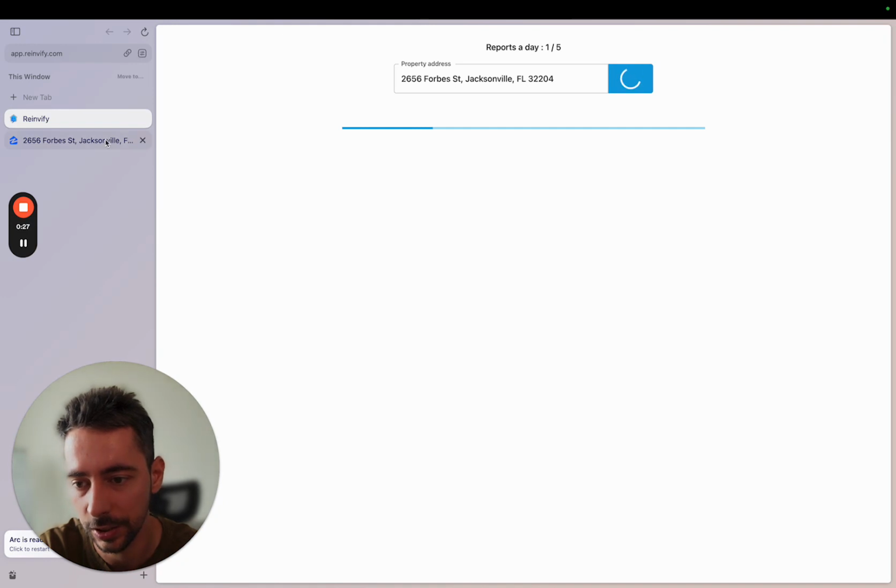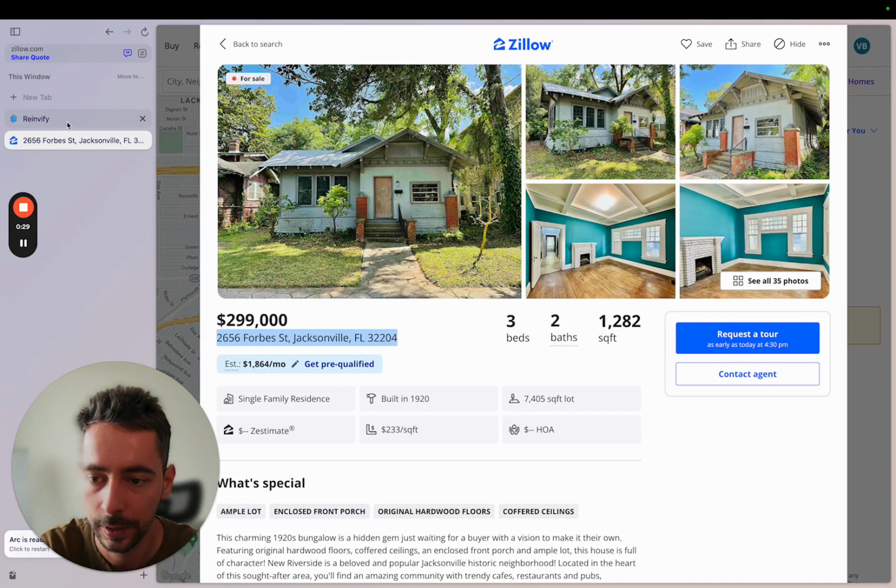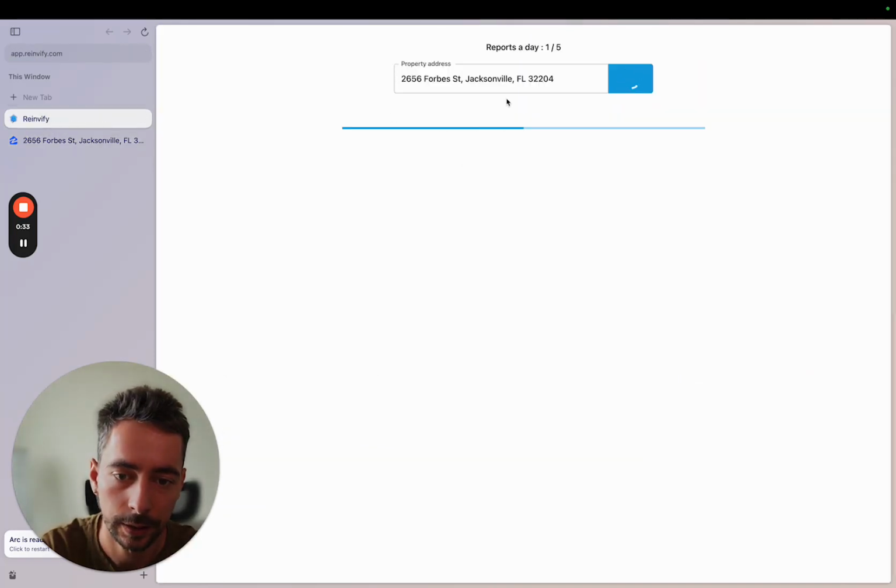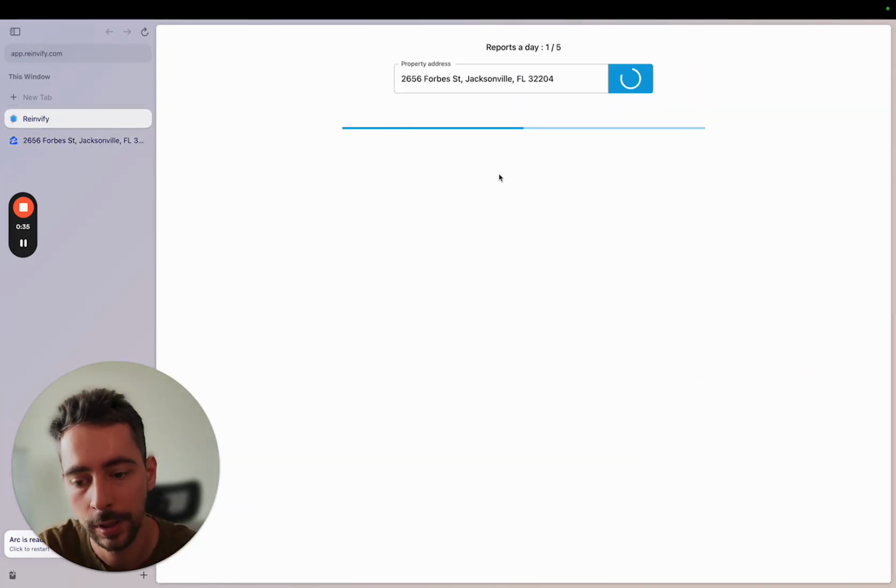So I just pick an address for a property I thought about and enter this address into my tool.